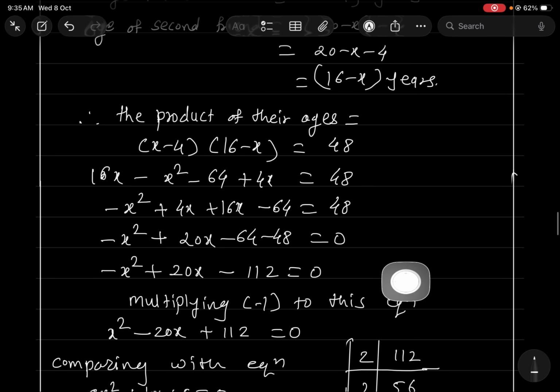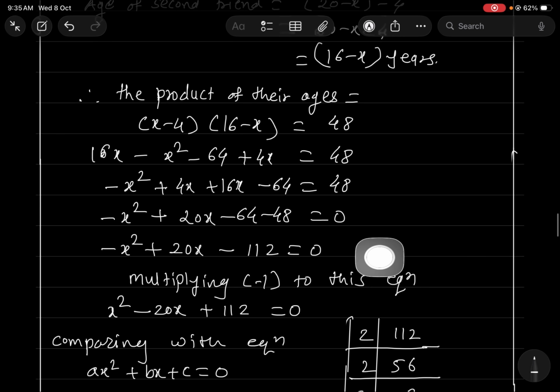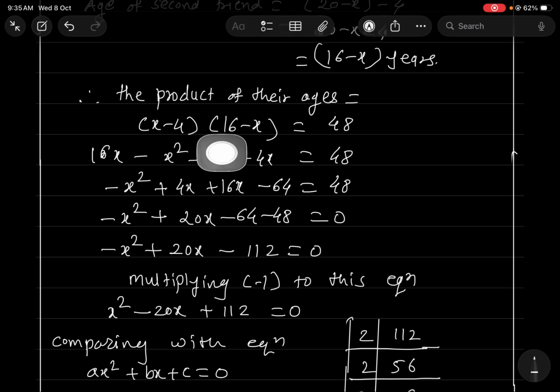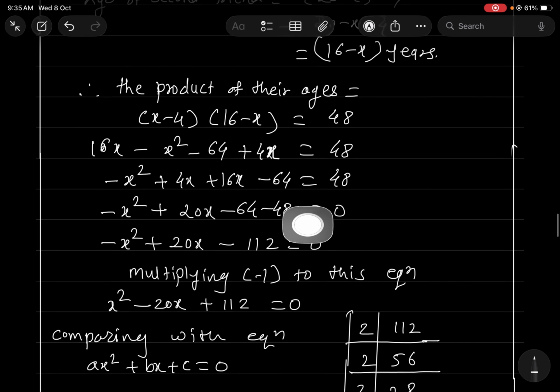Now we have to multiply these two brackets: x into 16 is 16x, x times minus x is minus x square, minus 4 times 16 is minus 64, and minus 4 times minus x, minus minus plus, is 4x. Then rearranging: minus x square plus 4x, plus 16x as it is, and minus 64 equal to 48.